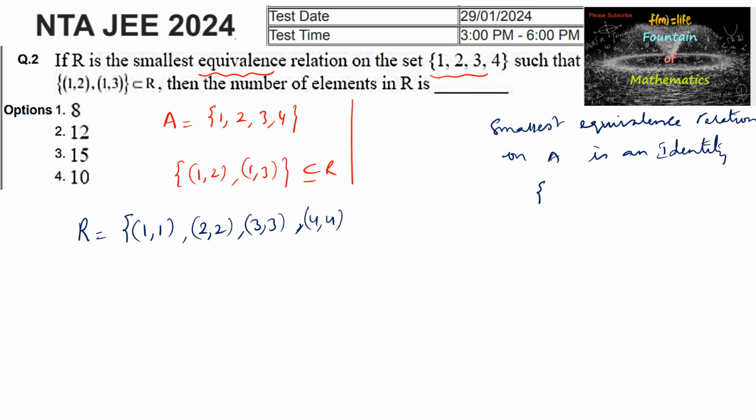This is the smallest relation which is satisfying all three: reflexive, symmetric and transitive.